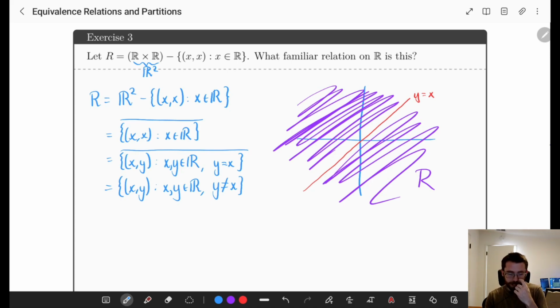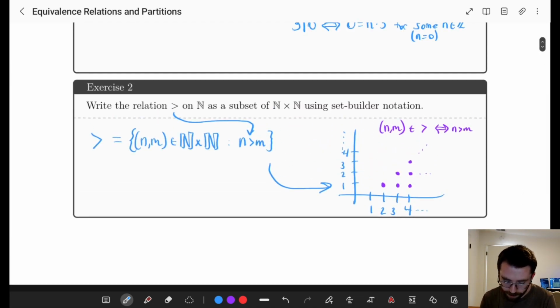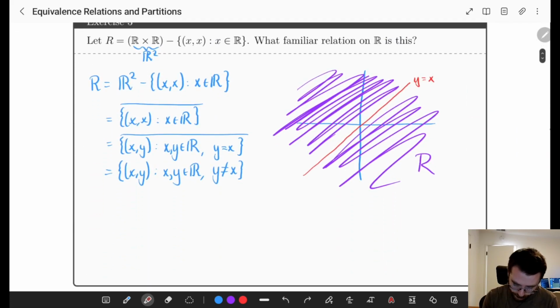And once we write it like that, maybe we see, just like we saw up here, the relation is sort of highlighted right there in the conditional part of the set builder notation. Same story. It's the not equals relation.